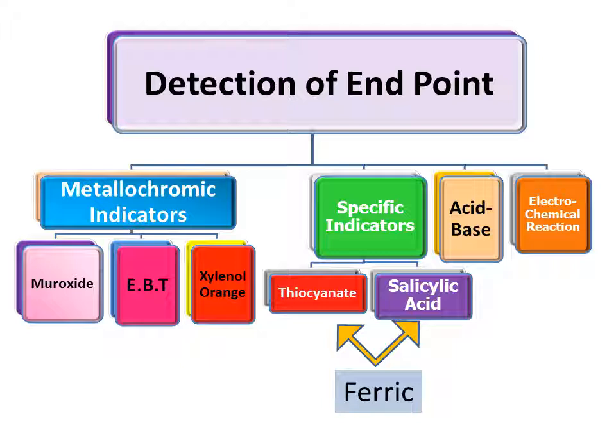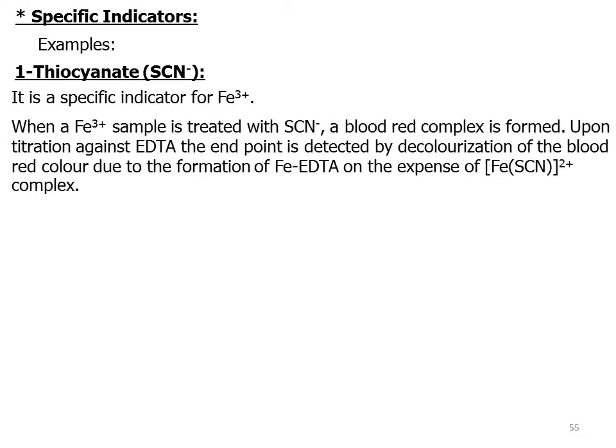So the left part is now discussed. Now the right part is discussed in brief, specific indicators such as thiocyanate and salicylic acid. They are specific for ferric, and then acid-base and electrochemical reaction. Specific indicators, thiocyanate. Of course, you have heard about the blood red color that is formed between the ferric and the thiocyanate.